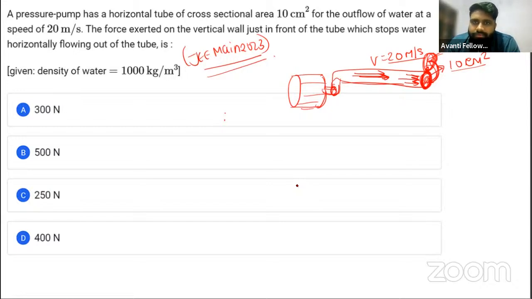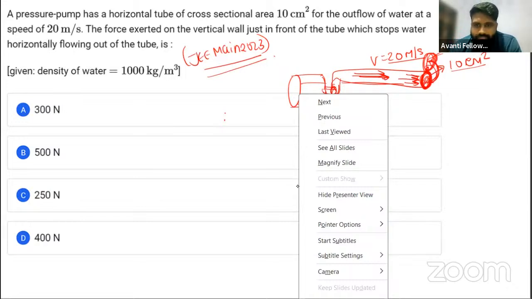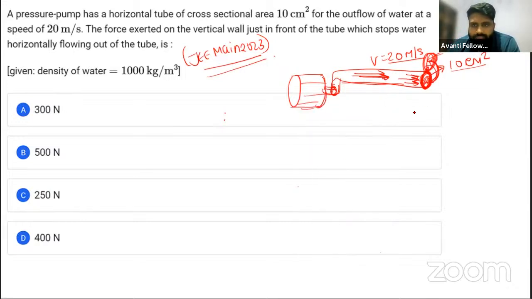Do not worry about that. Okay, so are you solving this? Again D. Okay, so you are saying D is the correct option, huh?